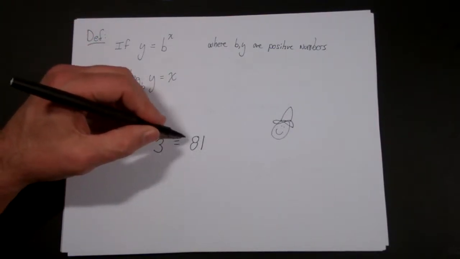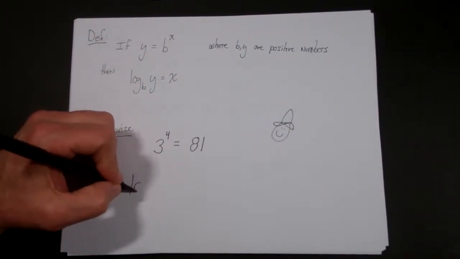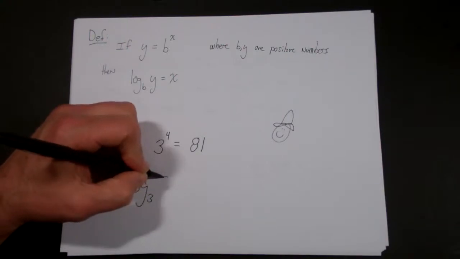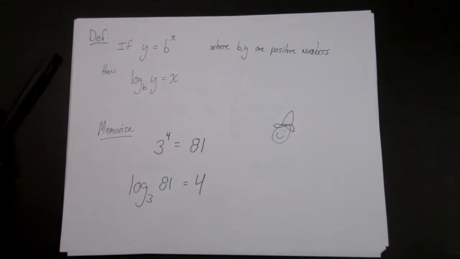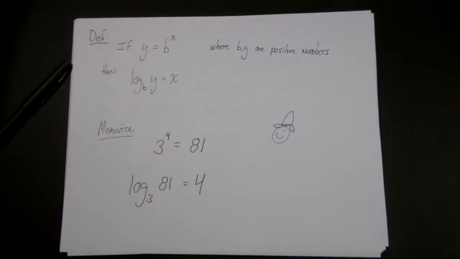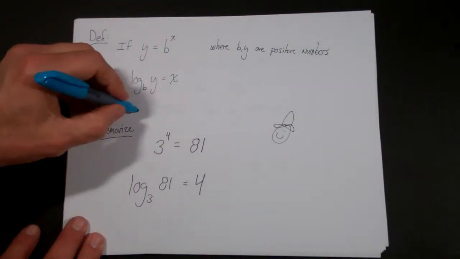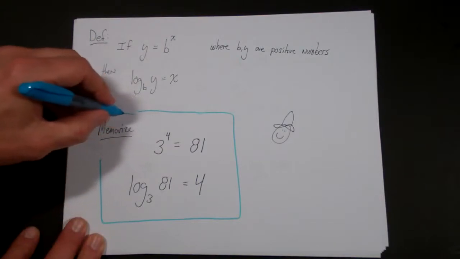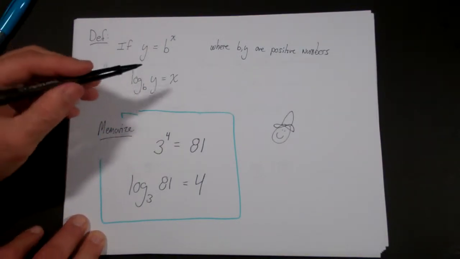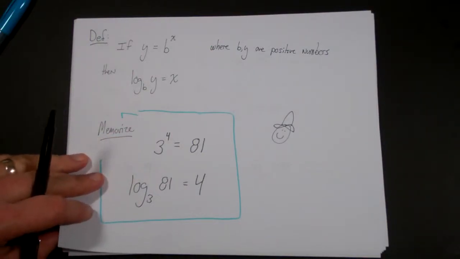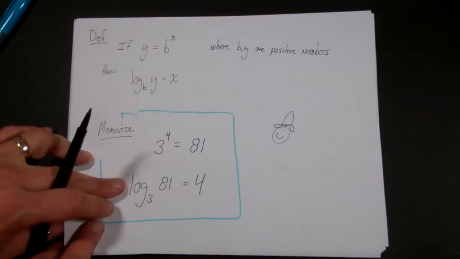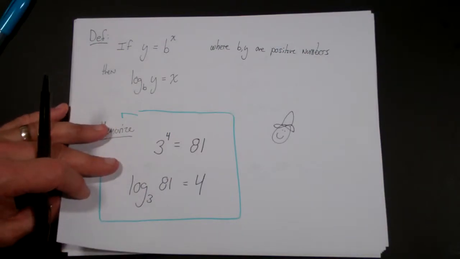Because 3 to the 4th is 81, we also know that the third log of 81 is equal to 4. I would memorize this, or one like it. Anytime you feel stuck with logs, you can refer back to this. So a log is simply the opposite of a particular exponential function.